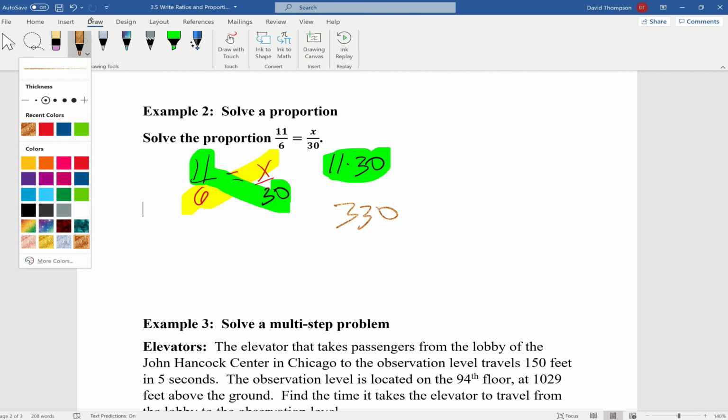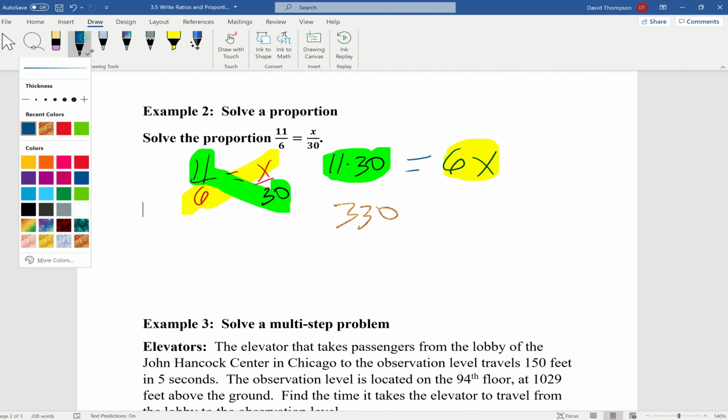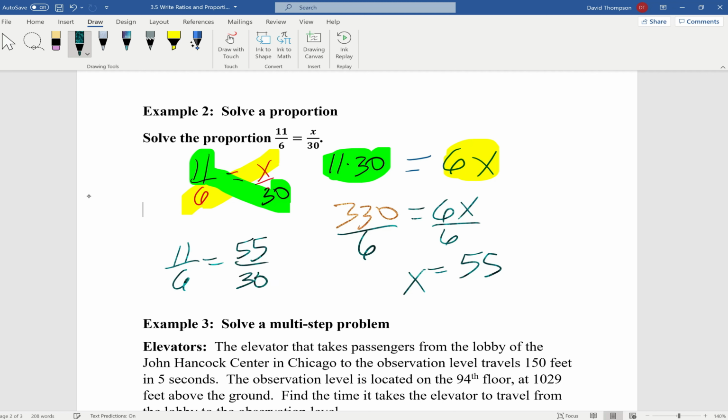Now we're going to multiply the right side. 6 times x is just 6x. So now we just set them equal. So 330 equals 6x. We'll divide everything by 6. And 330 divided by 6 is 55. So x equals 55. So our proportion is just 11 over 6 equals 55 over 30.